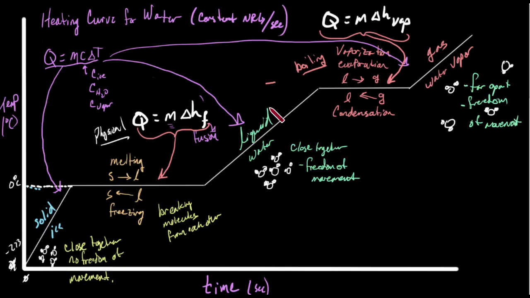How we would have to switch between Q equals MC delta T and Q equals M delta H. Delta H of fusion and delta H of vaporization, these guys are collectively called latent heats.